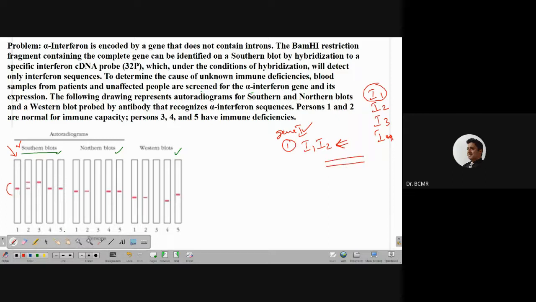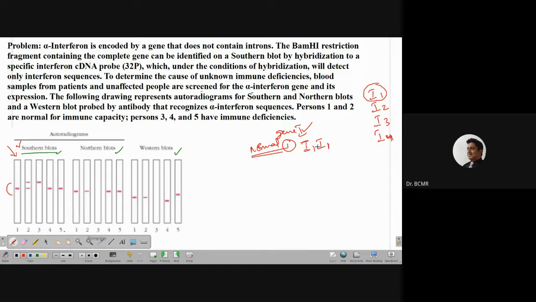Keep that in mind. But for the sake of our understanding at this stage, within the context, we will assume that because person 1 is normal, this person is homozygous for allele 1.